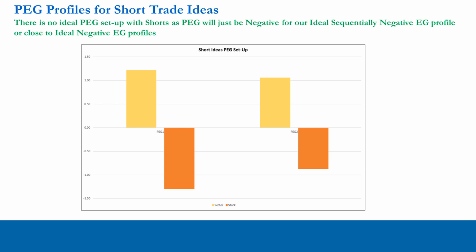Therefore, there's no ideal PEG setup with our ideal shorts or close to ideal negative earnings growth profile potential shorts. We just get a negative PEG, and it doesn't really tell us much about what's really going on with the stock relative to the sector.